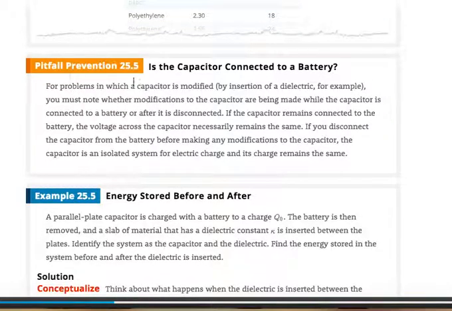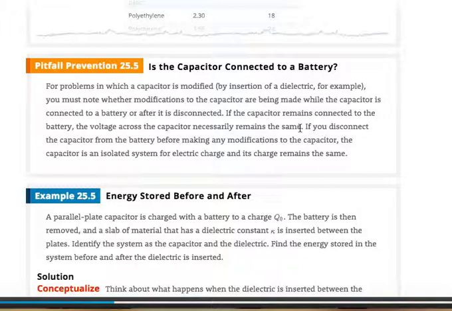This is actually a pretty good statement. For all problems in which a capacitor is modified by insertion of a dielectric, for example, you must note whether the modifications to the capacitor are being made while the capacitor is connected to a battery or after it is disconnected. If the capacitor remains connected to the battery, the voltage across the capacitor necessarily would remain the same. There's no way to change the voltage.